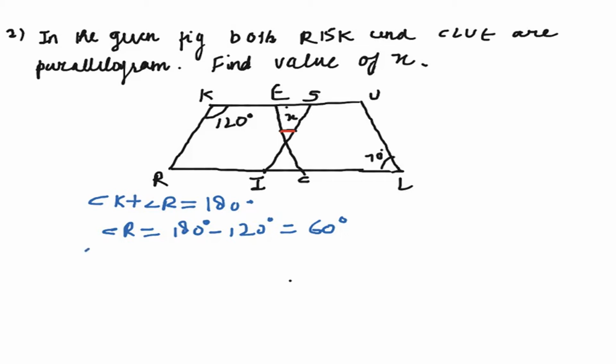Now if we talk about the parallelogram RISK, in parallelogram RISK, angle R will be equal to angle ISK. If we mark it in the figure, this angle will be equal, as we are talking about the parallelogram.